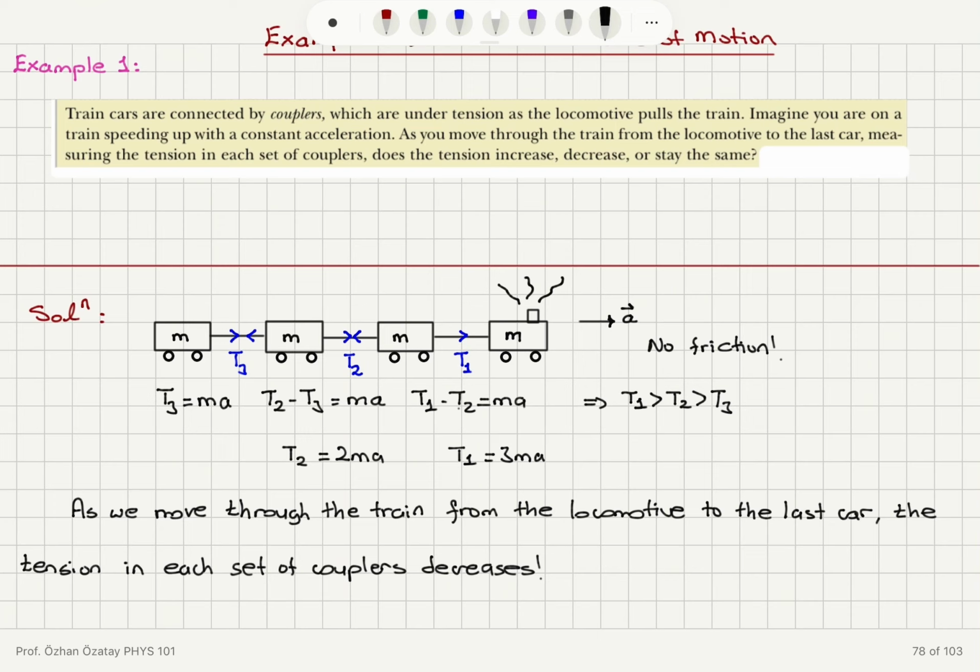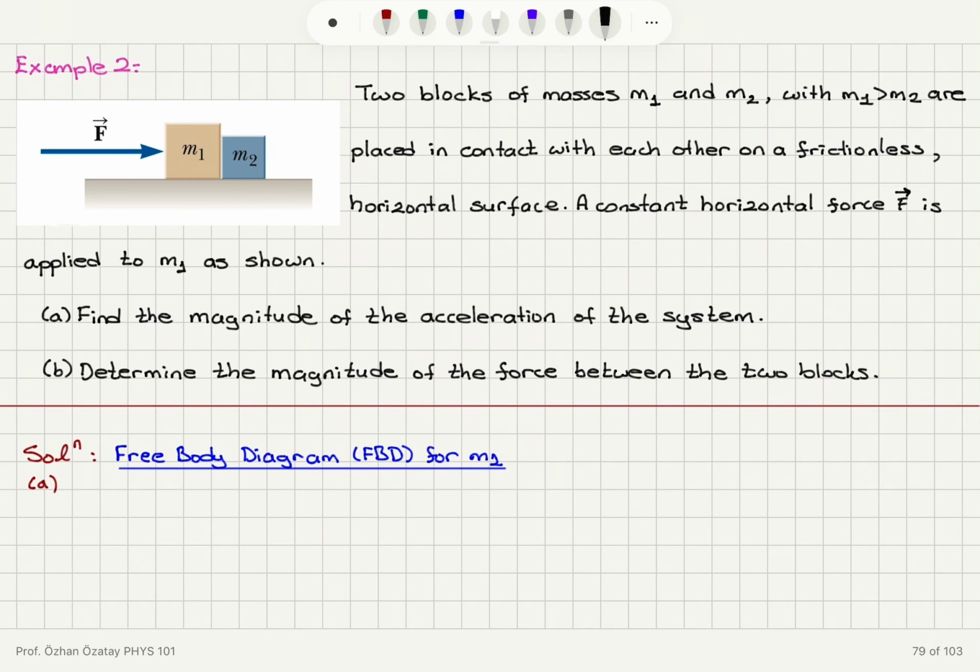So for the last car, it's T3. For the second car from last, it's T2 minus T3, and then the next one is T1 minus T2, etc. I can see that the tension keeps increasing from the last car to the locomotive, or decreases from the locomotive to the last car. Okay, so we're done with this example, so let's move on to the next example.